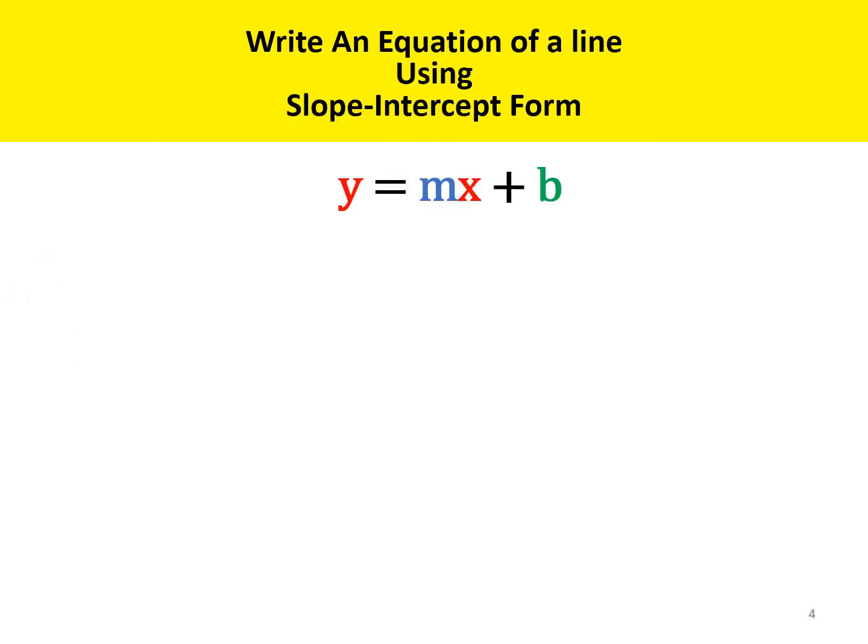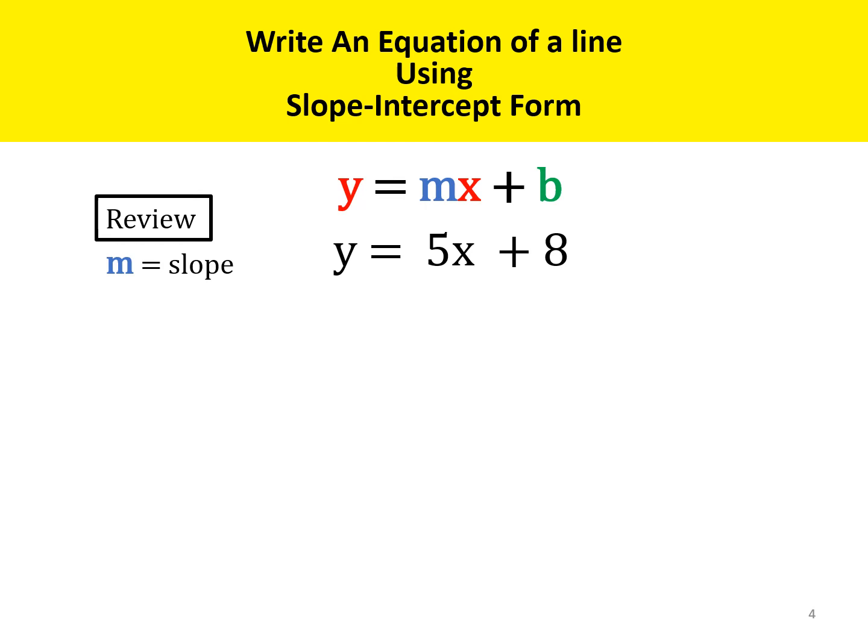The slope-intercept form is this: y equals mx plus b. An example would be y equals 5x plus 8. Let's just do a little review. We know that m is the slope, b is the y-intercept, and (x, y) is a point on the line when we graph it. Now take a look at the example we have.